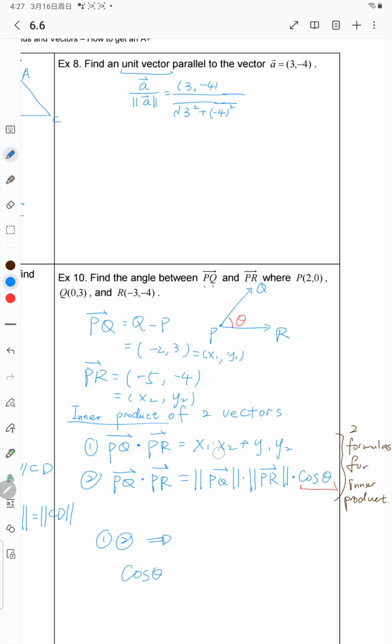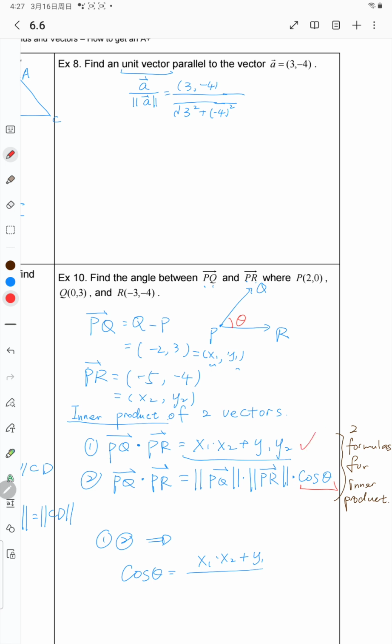Because for the first one, it's easy to just plug in the coordinates of these two points and we can already get our first equation, right? So cosine theta is just equal to x1 times x2 plus y1 y2.